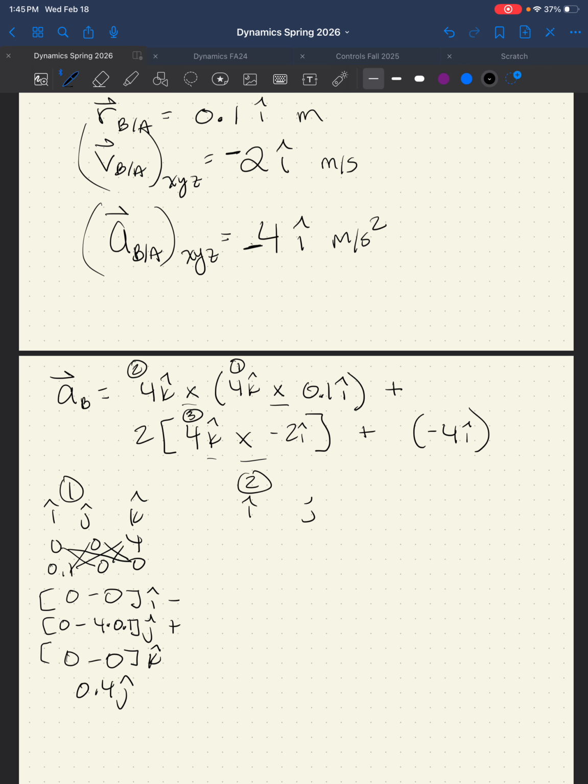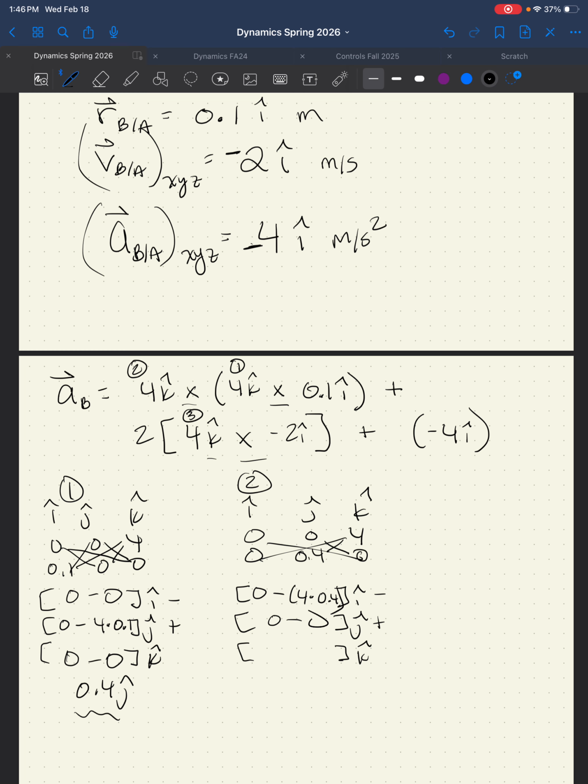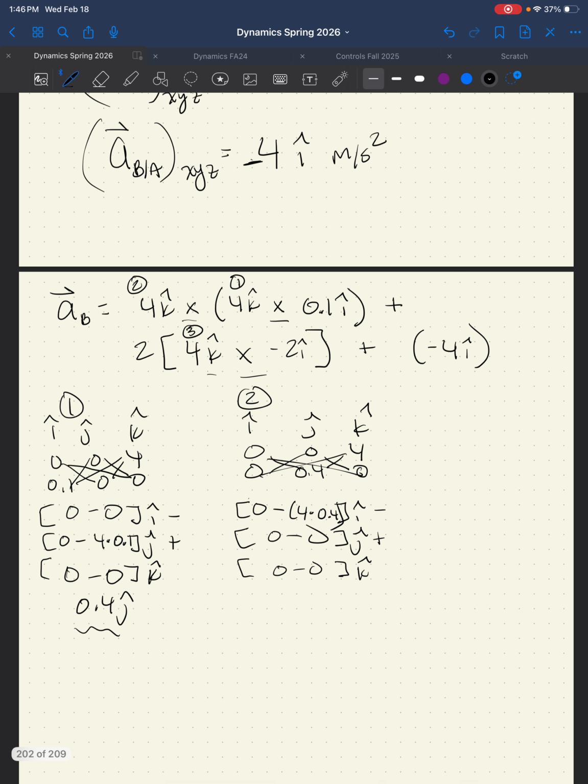I'll have i, j, k, 0, 0, 4, and then the result of that last cross product, which was 0, 0.4, 0. So we've got 0 minus 4 times 0.4. j is 0 minus 0, and 0 minus 0. Okay, so this is minus 1.6 i hat.